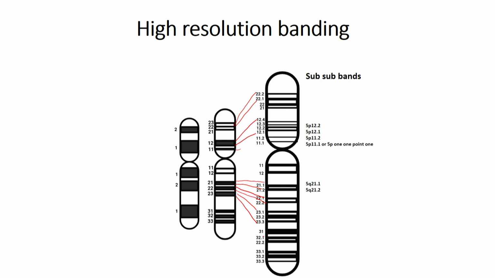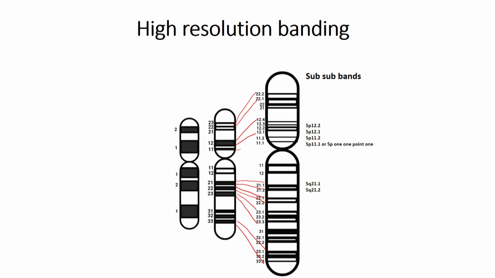3.2 also has 2 bands, so 32.1, 32.2. 3.3 also has 3 bands. You can see these 3 bands. So this is 33.1, 33.2, 33.3. So this way the sub bands are classified.